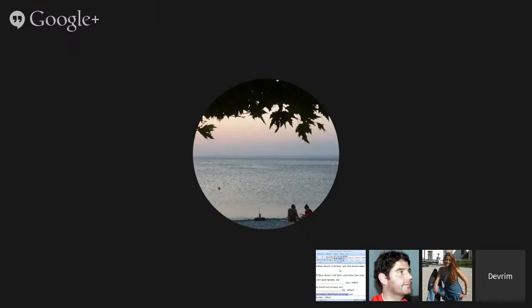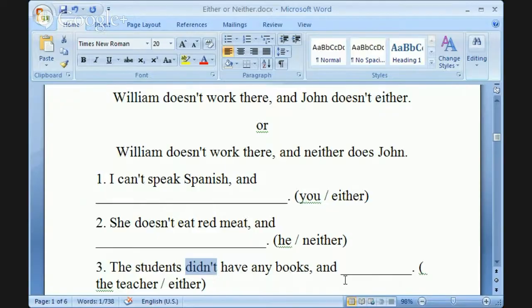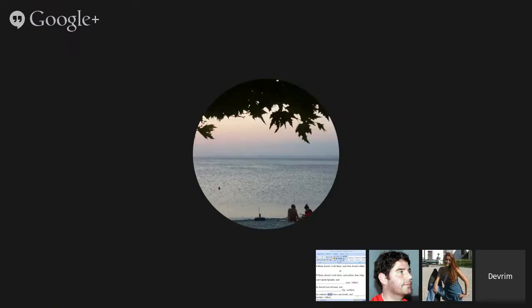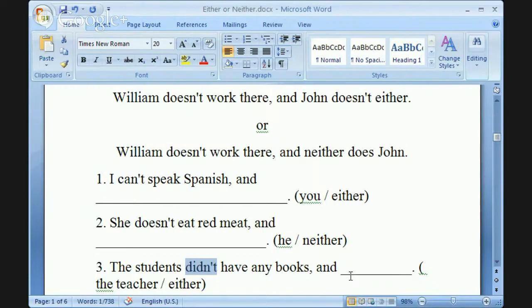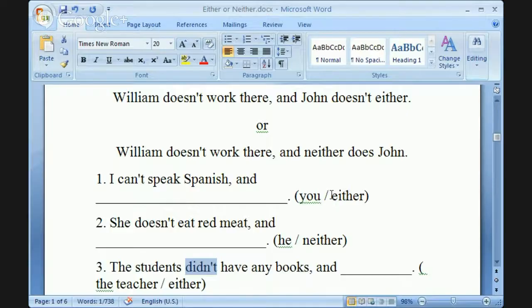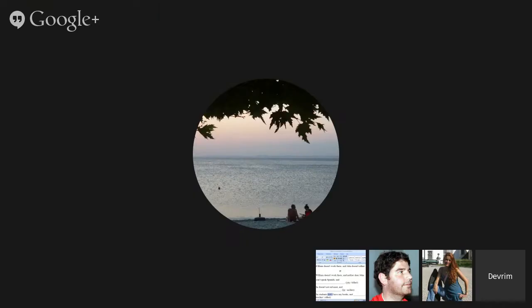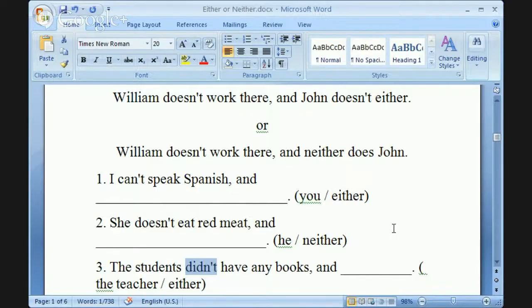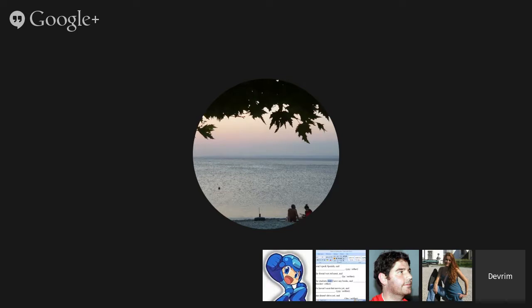Okay, it's going to be the same negative auxiliary verb. The teacher didn't either. Didn't either. Yes. Of course. The key is you have to remember you're going to have to use a negative with either, and neither all by itself is a negative. Okay. Yes. Of course. Thank you very much.